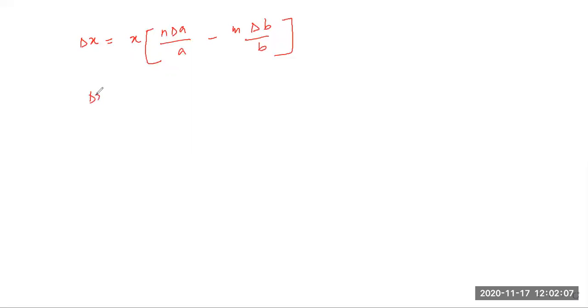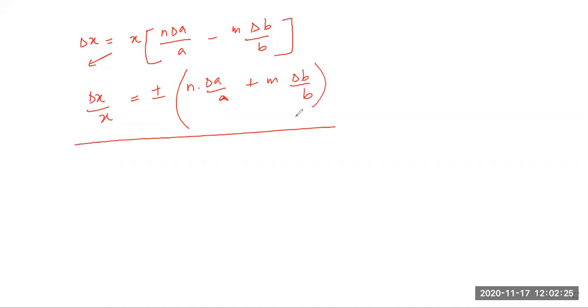So delta x by x is equal to plus minus n into delta a by a plus m into delta b by b. This is the final result. It means the fractional or relative error in the quantity is n times the fractional or relative error in the individual quantities. If you have three quantities, all will be added, multiplied with their indices.